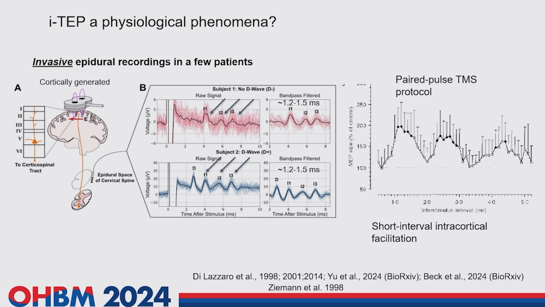So the i-TEPs have this high frequency response on top, which has been shown also in paired pulse TMS protocols, where if we give two pulses one after the other, the first one over motor threshold and the second one under motor threshold, the second one can influence the first one, giving a shape of higher facilitation at the different intervals, and this shape has a similar frequency to the epidural responses, the I waves, or the indirect waves.